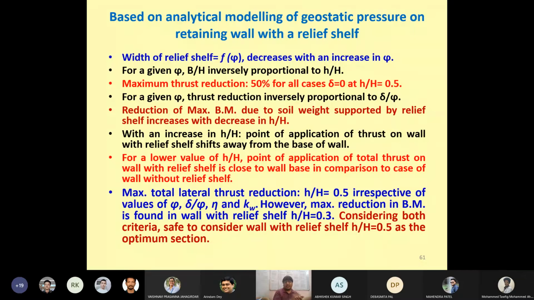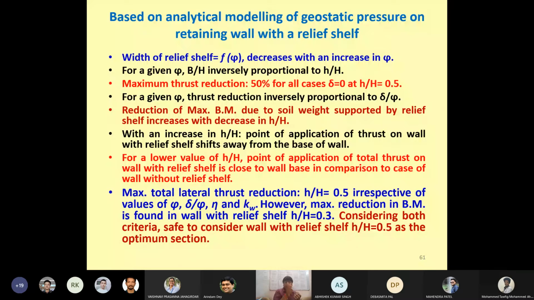What we noted is that the width of relief shelf is a function of the friction angle of the backfill. Whenever you are using a backfill having a higher friction angle, you require a lesser width of relief shelf.